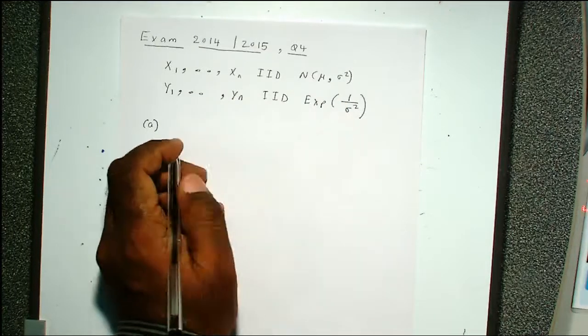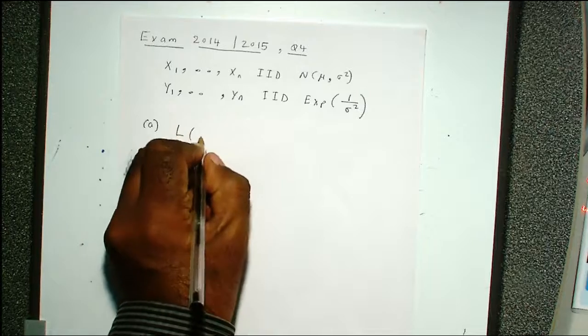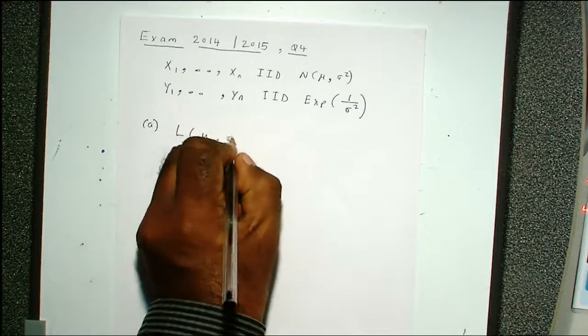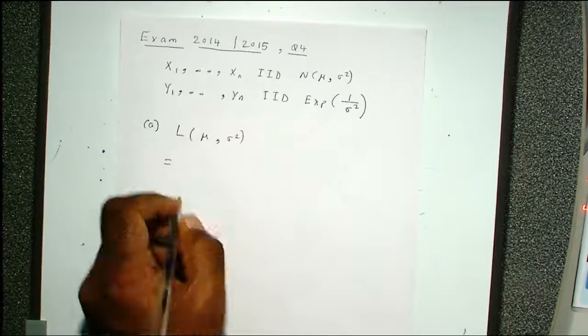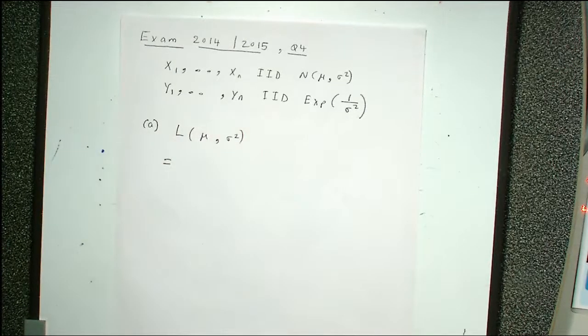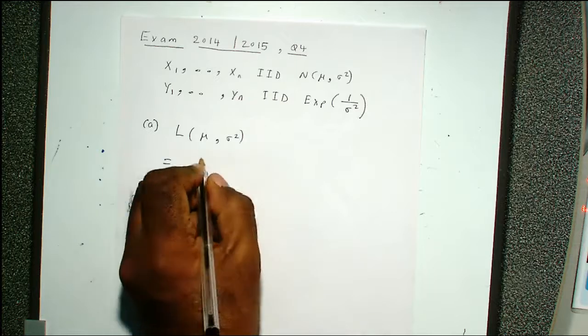Now the first part is to write down the likelihood function. Remember what I told you. When you have two independent random samples, the likelihood function is the product of the products. So what I mean by that is the following.